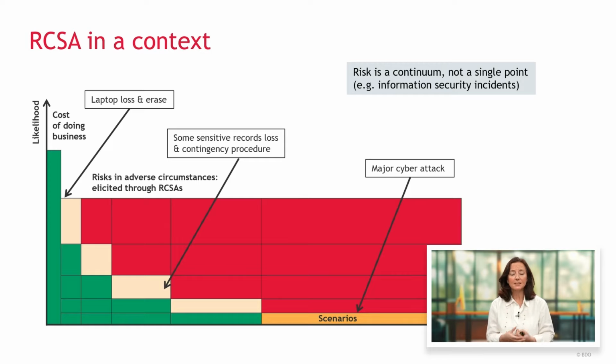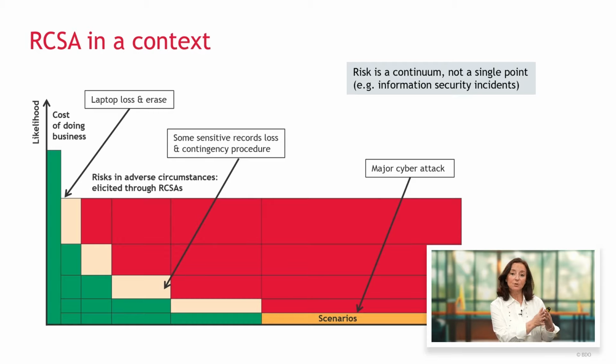And the other element that you can see in this graph is that for a given risk, let's say information security, it can materialize in very different instances. It can be as simple and as common as the loss of a device. And when you have organizations of thousands of employees each having a laptop and a phone, you can pretty much expect that every year you're going to have a number of devices that are lost.